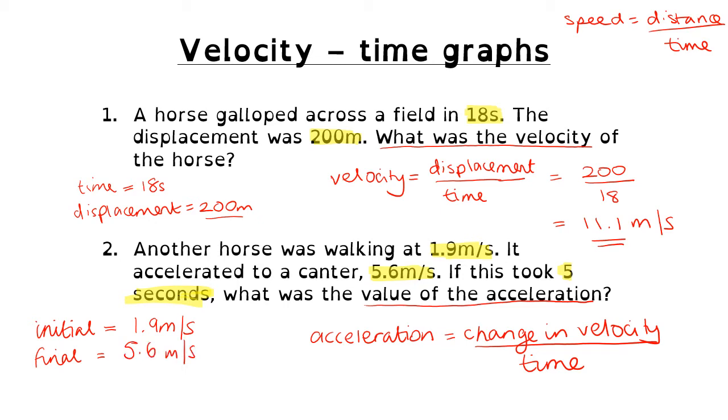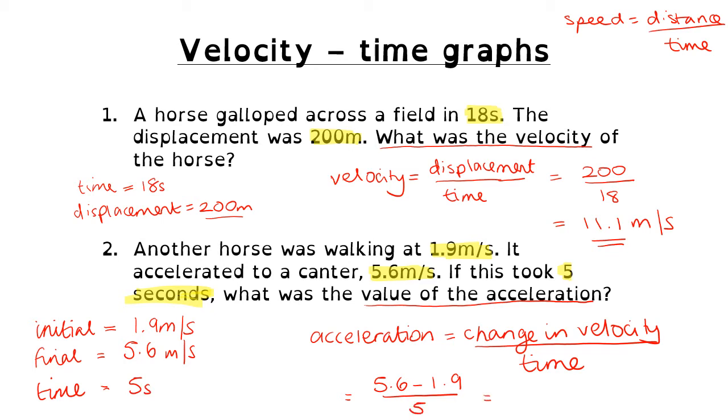So the change in velocity is going to be 5.6, the final velocity, minus 1.9, the initial velocity. And we divide that by the time. If we look at the question, it took 5 seconds. So we're going to divide by 5.